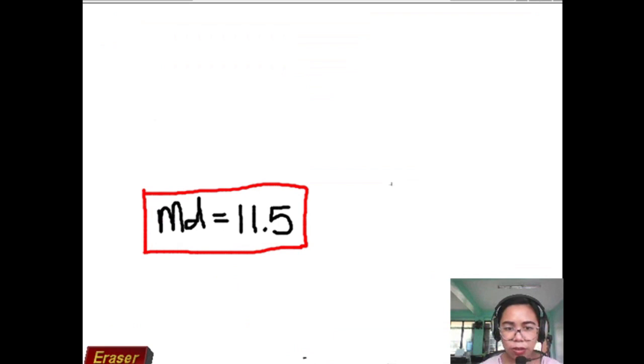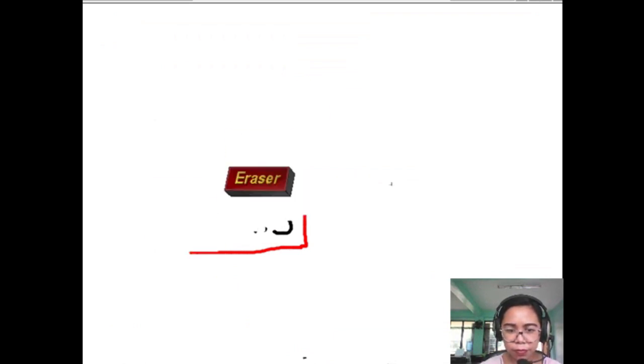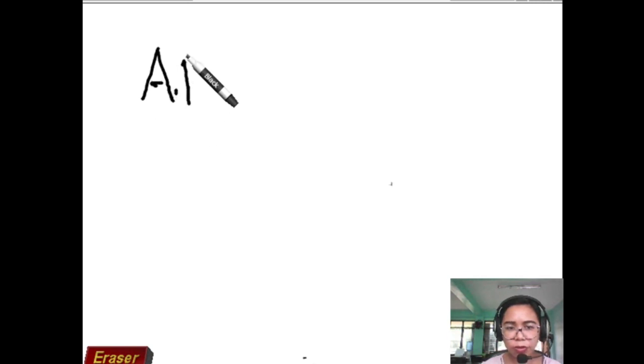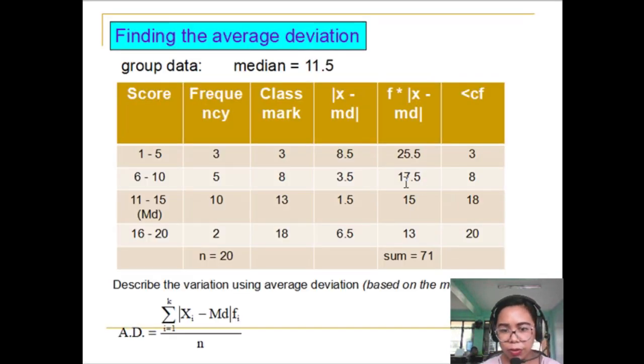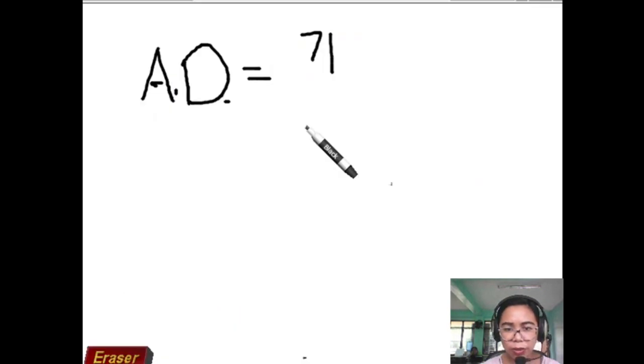We will substitute that one here. Okay, so our average deviation will be equal to 71, which is the total or the sum of this column, and we divide it with the total frequency, which is 20.